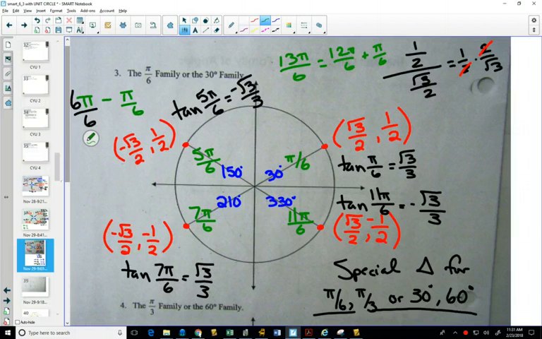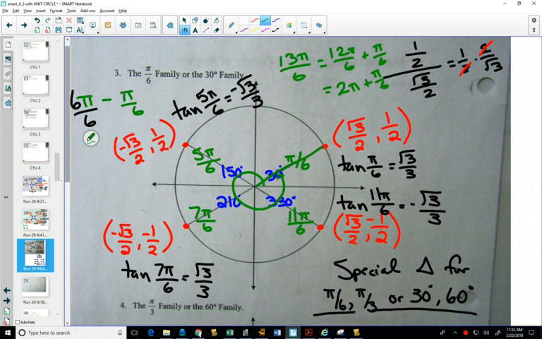And 12 pi over 6 is the same as 2 pi plus pi over 6. And if I did that in standard position, 2 pi would be all the way around plus pi over 6 more. It would be coterminal with pi over 6. So sine of 13 pi over 6 would still be your y-coordinate and would still be a half.